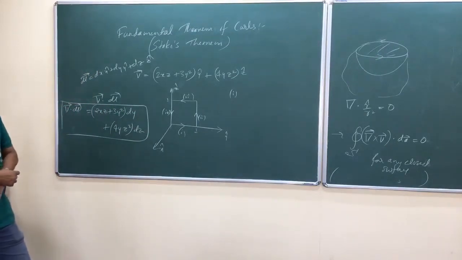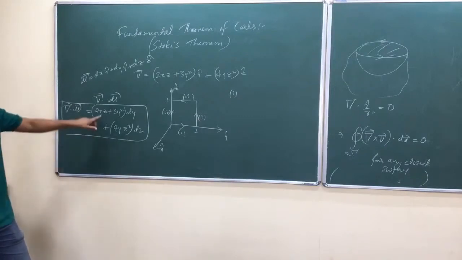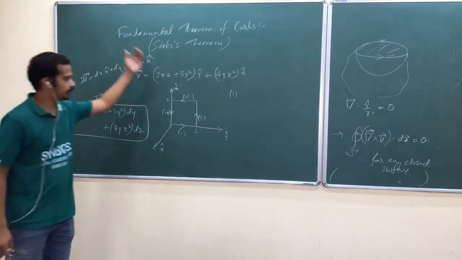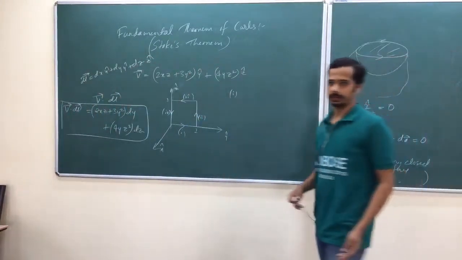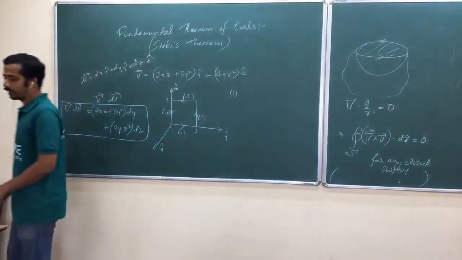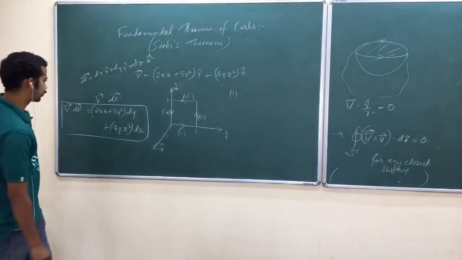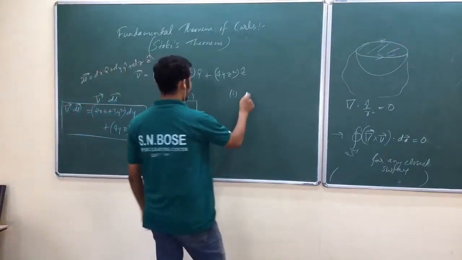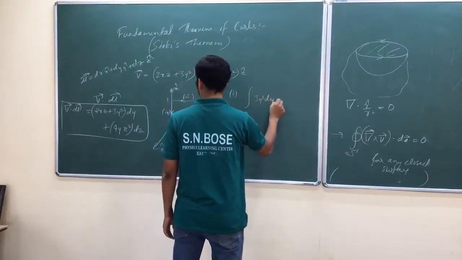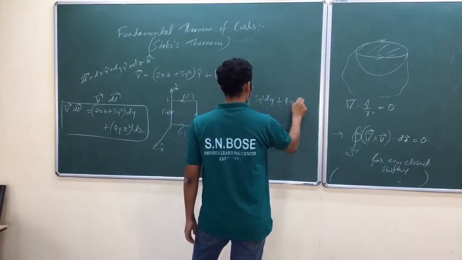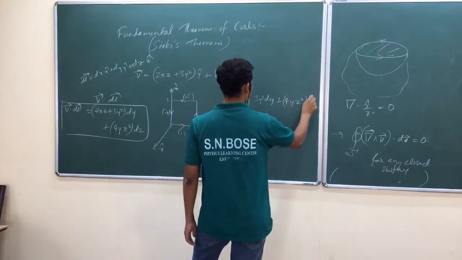Now wait a second, throughout your line integral, x is 0, am I right? You can put x equal to 0. Look at here, you are moving in the yz plane, isn't it? x equal to 0. So I can just do it like this: 3y square dy plus 4yz square dz.